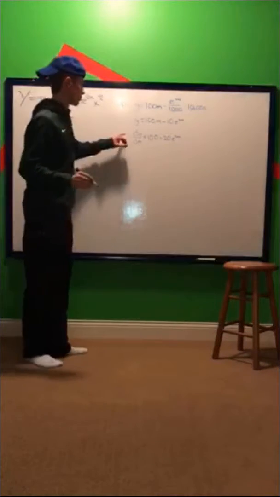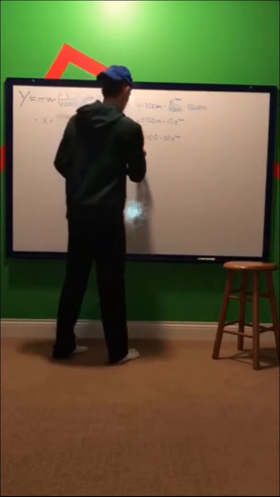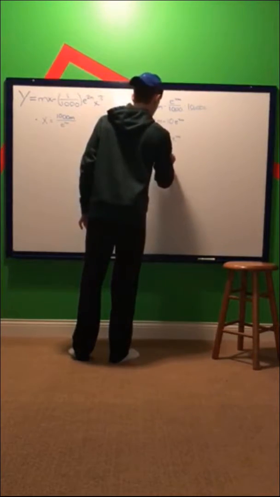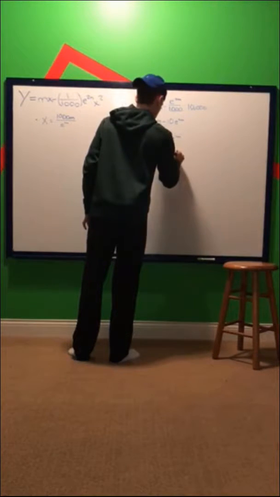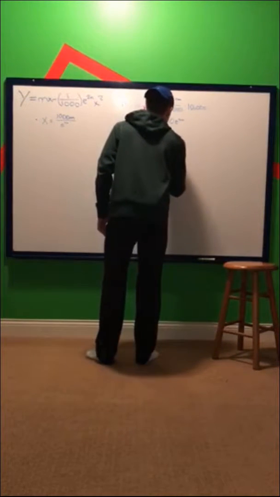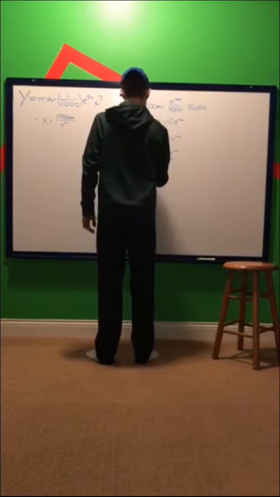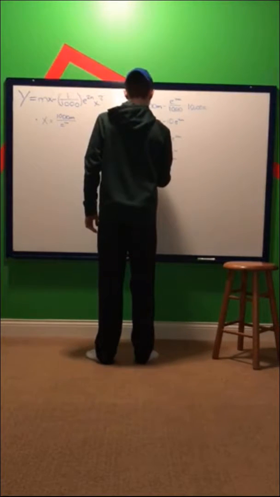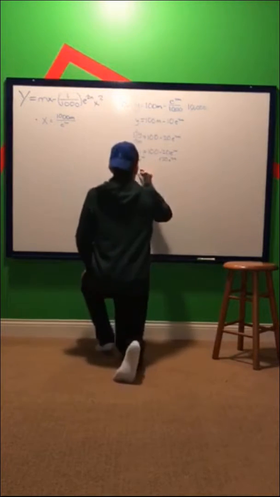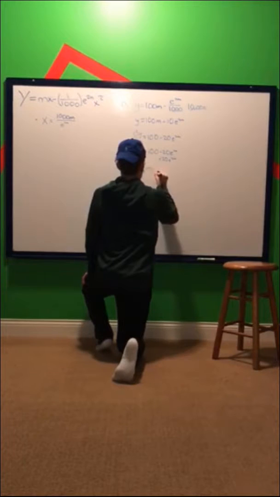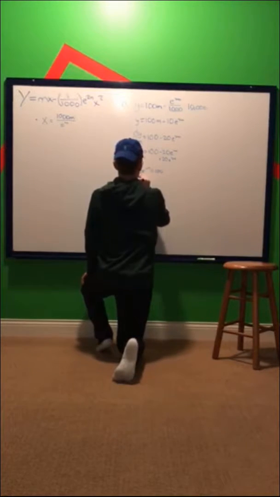So now, since we found the derivative, we can set this equal to 0. And then we're going to solve it. Divide both sides by 20.